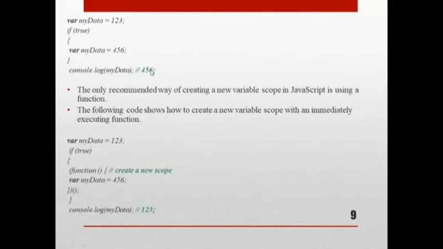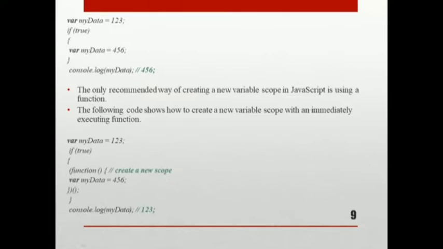It will print 4 5 6. Why? Because variable myData is equal to 1 2 3, and if it is true, then it will execute this. So if this is true, then we print this myData value, that is 4 5 6.